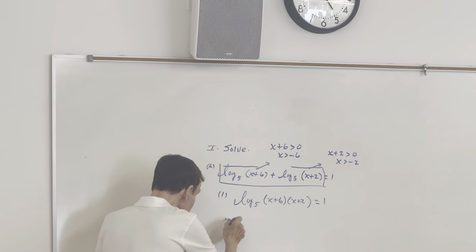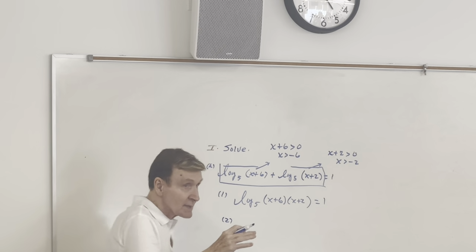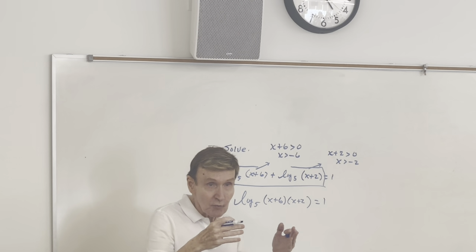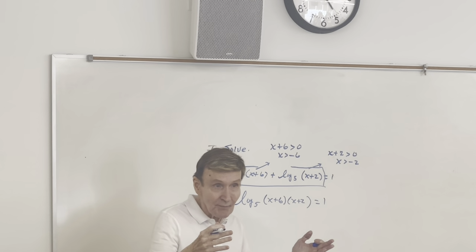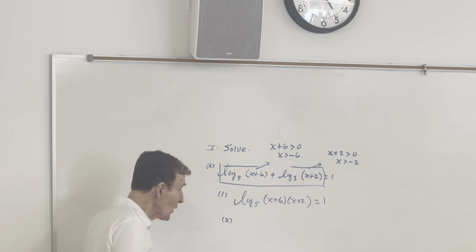Now step 2, here goes. That's the product property. Yes, I'm going to, in step 2, drop the word log. That's not merely dropping it. Can someone tell me at this point, what does it mean?